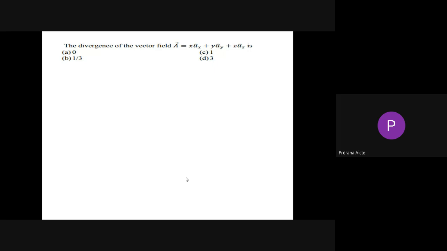So what is the answer? The divergence of a vector field A. So divergence, del is equal to dou by dou x plus dou by dou y plus dou by dou z. Okay.